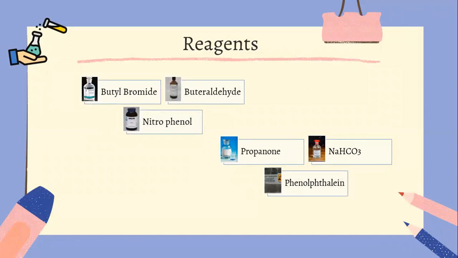The next set of reagents are butyl bromide, butyraldehyde, nitrophenol, propanone, sodium bicarbonate, and phenolphthalein.